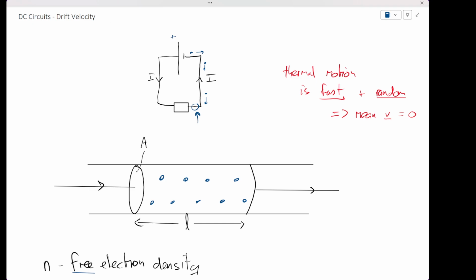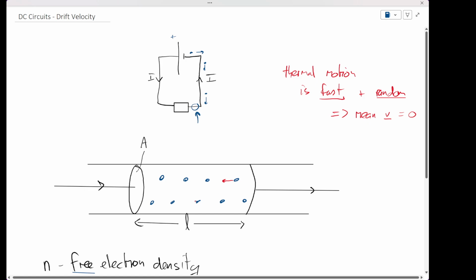So the thermal motion doesn't contribute to what happens in our DC circuit. When I apply a potential difference, as we've talked about in previous videos, the electrons accelerate in between collisions in a given direction. And in this case, they will, of course, be accelerating to the left.